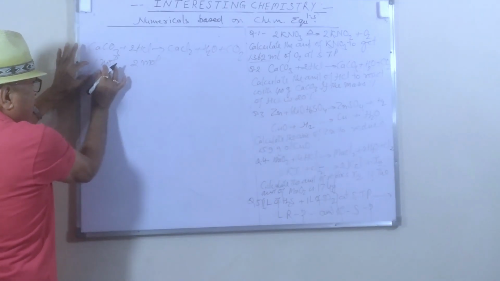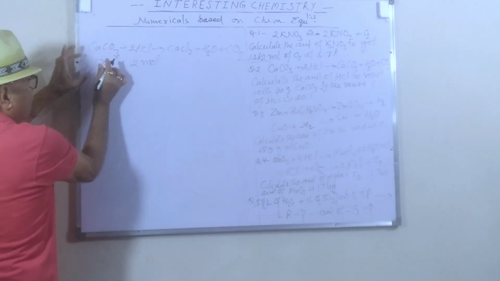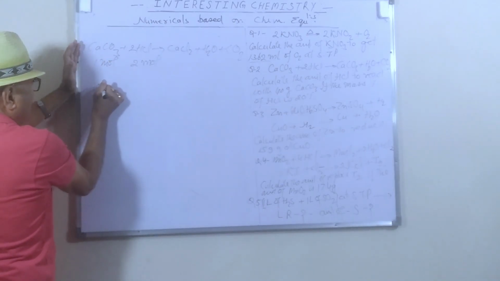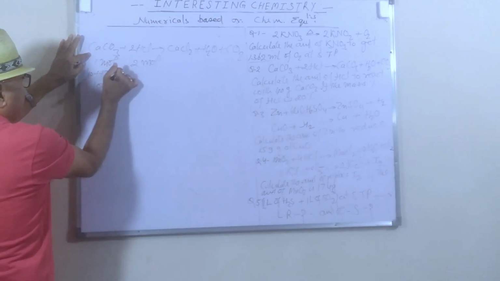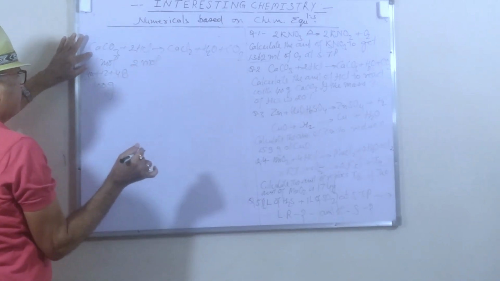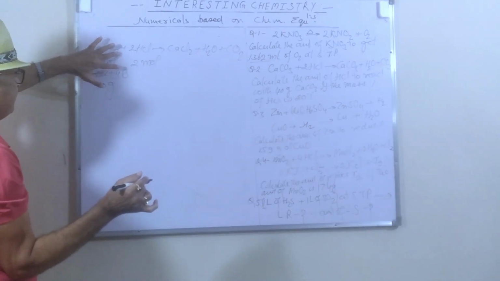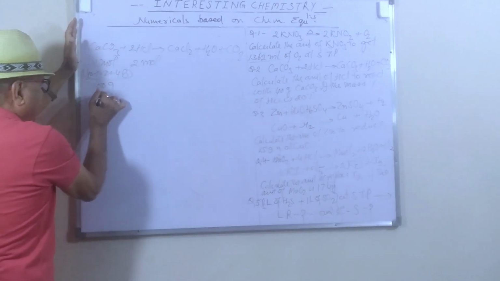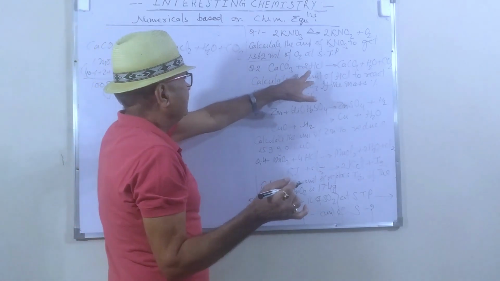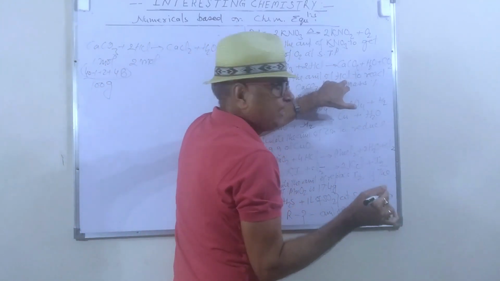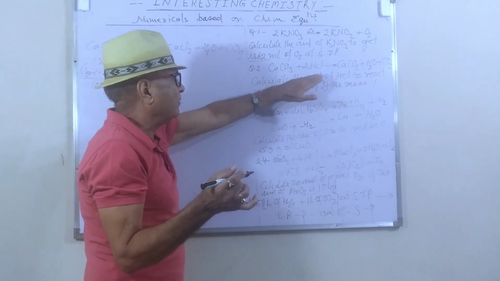So you can change this mole into amount in gram. So 1 mole calcium carbonate is equal to 100 gram. You can write here 40 plus 12 plus 48. Atomic mass of calcium is 40, carbon is 12, oxygen is 16, times 3. So this is equal to 100 gram of calcium carbonate. Now again, you want to calculate the amount of HCl.